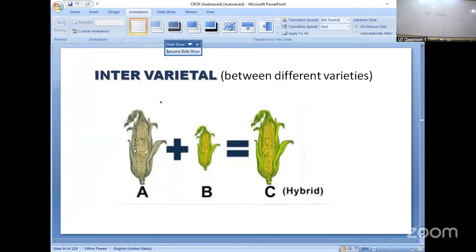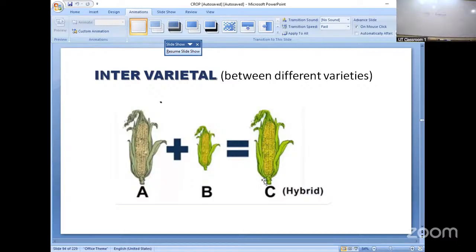Intervarietal, here you can see one variety is A, another variety is B. When they are crossed together, they form a new variety, that is hybrid. Means this one is inferior quality, and if we desire a better variety, this inferior is crossed with the superior quality. So we will get the hybrid, that is superior quality, because it is dominating.